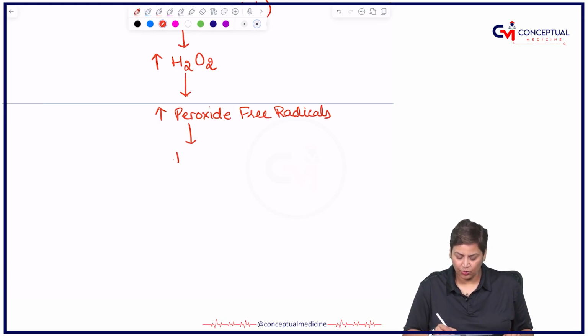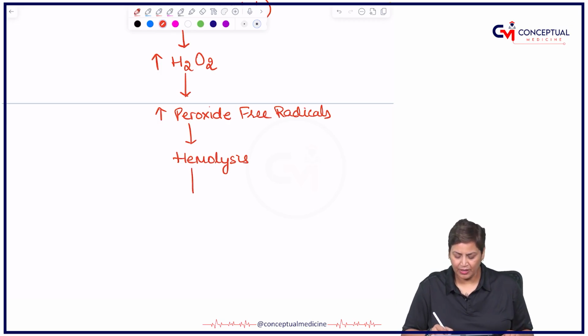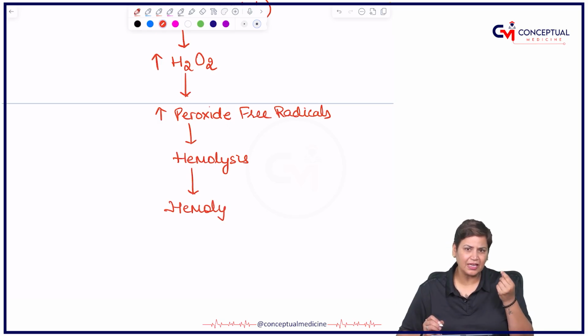So it will lead to hemolysis, and whenever hemolysis occurs, it automatically leads to a reduction in the count, and it will lead to hemolytic anemia. You can see that a single mistake in the body, or the absence of a single enzyme, can lead to so many things.